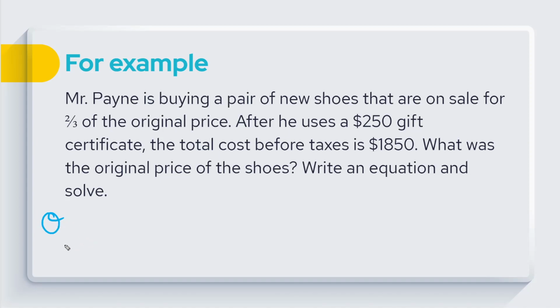But then this kind of looks like, what is that, theta? So I wouldn't really even do that personally. So let's just go with T for total cost instead of original cost.